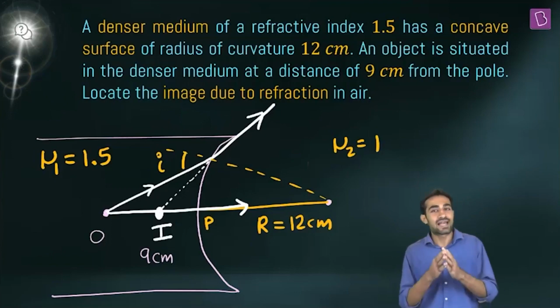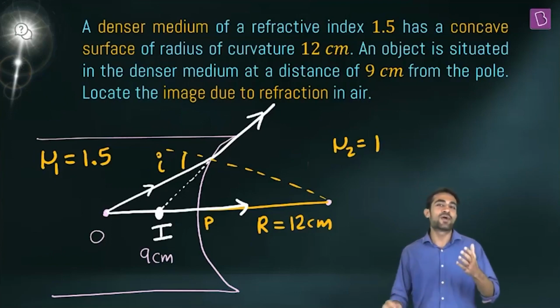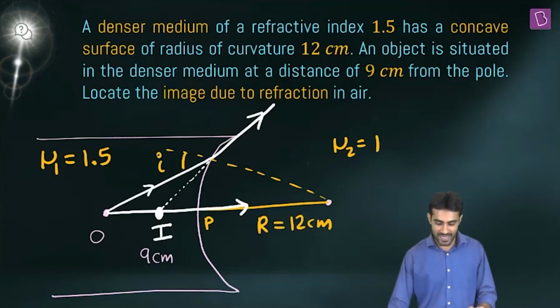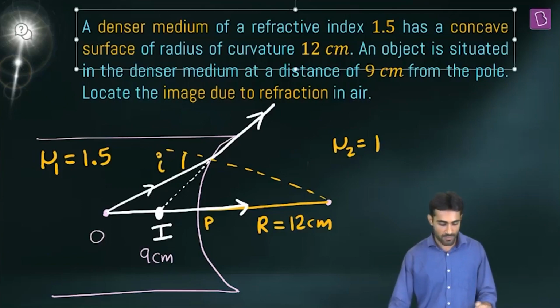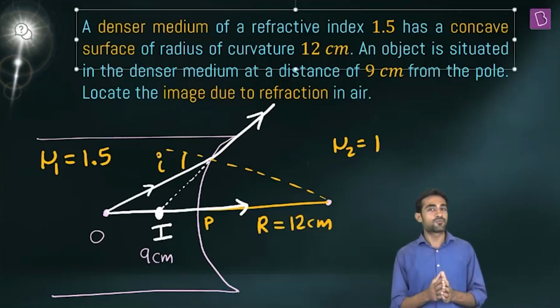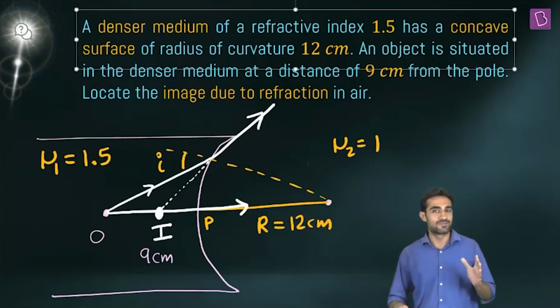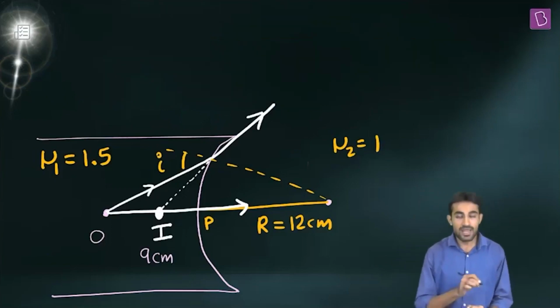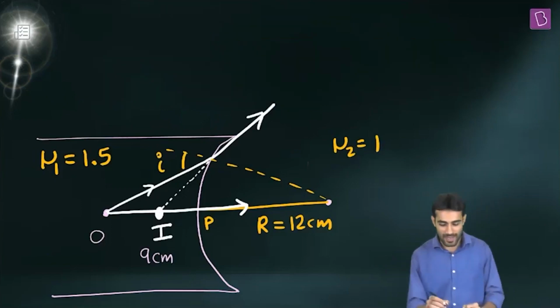Now let's find the exact location. How to do that? Very simple. Let's make some space and let's use a simple formula. From that formula, we will get the straight answer. Now, the formula is like this. You remember the formula.